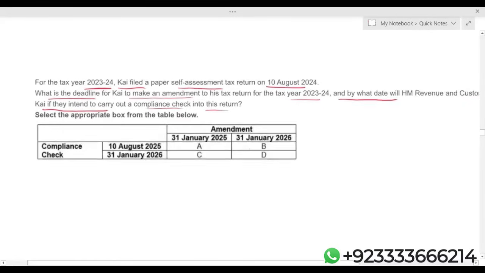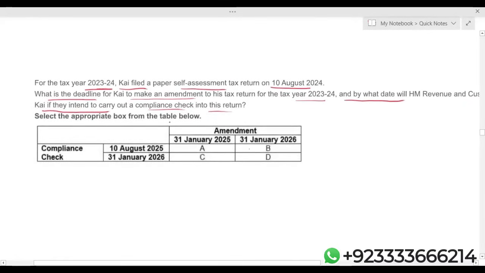Select the appropriate box for the table below. First of all, you need to know the rule that taxpayer can amend the return within 12 months of 31st January from the filing date. And for compliance check, I would say within 12 months.